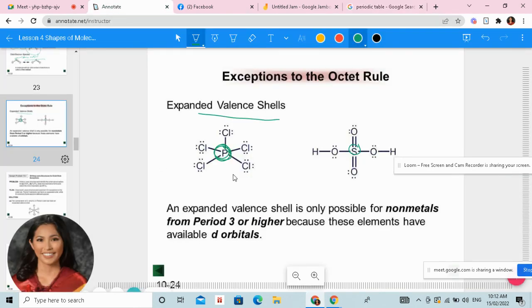Now as you can see here, the phosphorus has bonded to how many chlorine? We have 5. So the formula will be P. We only have one atom, so we don't write 1. Cl, how many? We have 5. Okay, how do we name this one?